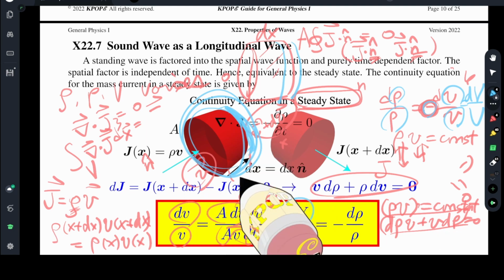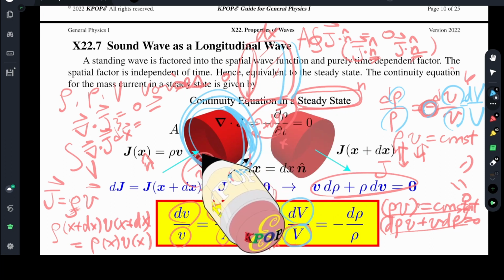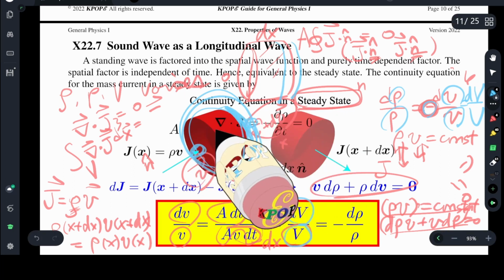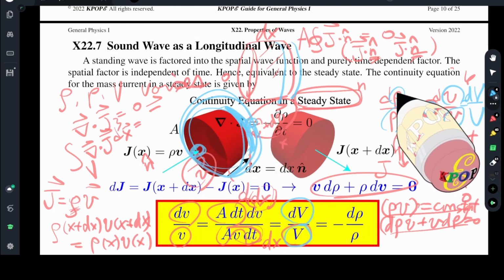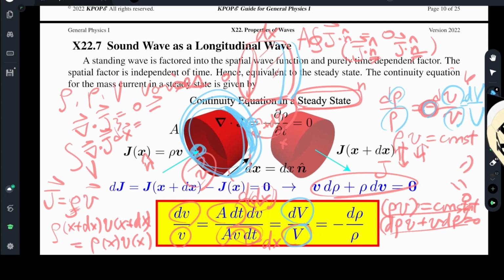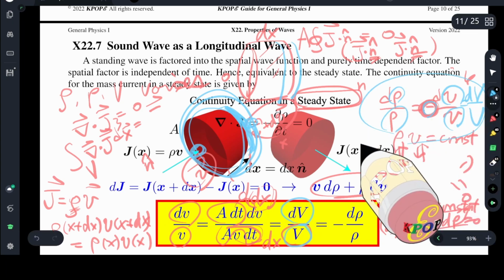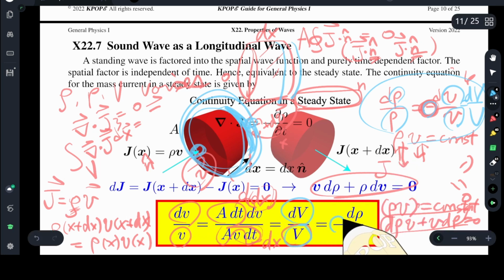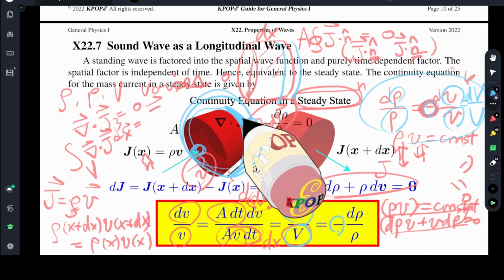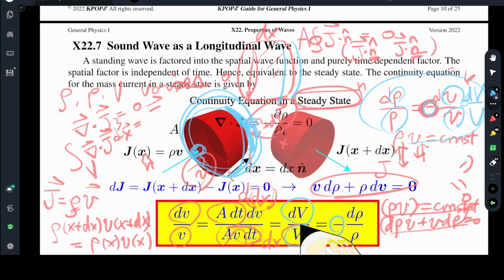The variable velocity between two ends of this small amount of air gives the relation between density, velocity, and volume. They are all proportional to each other. Note that we still have a negative sign here. If volume increases, density decreases. If volume decreases, density increases. Mass does not flow out.